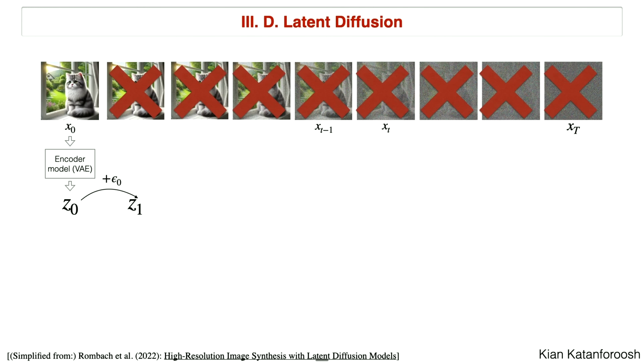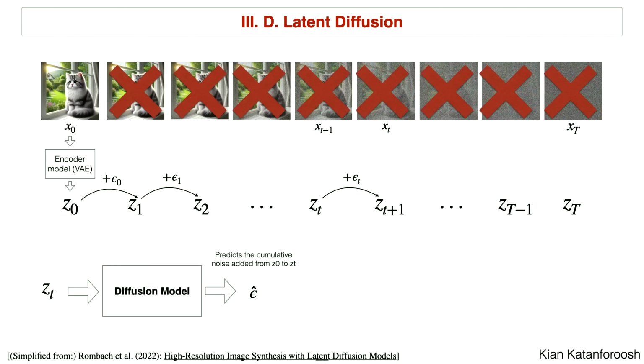And then you are doing the same forward diffusion process in the Z space, which is a much smaller space. Again, it's not too small, because if it's too small, then you don't have a lot of flexibility. You want it big enough, but not so big that it's computationally heavy. So we keep doing that. We add epsilons until we get to the T time step for Z, where we've added T times epsilon.